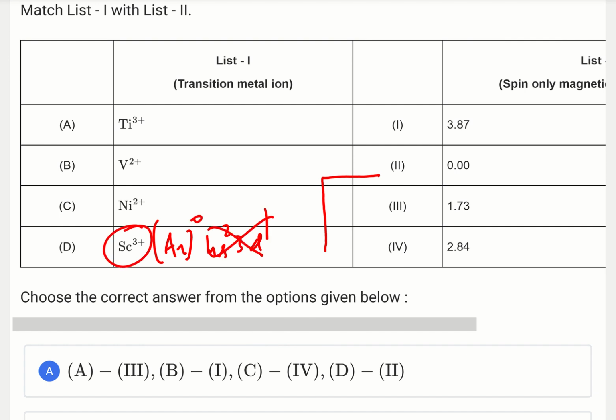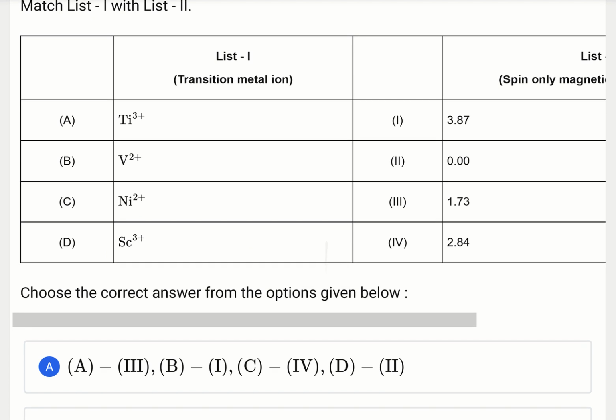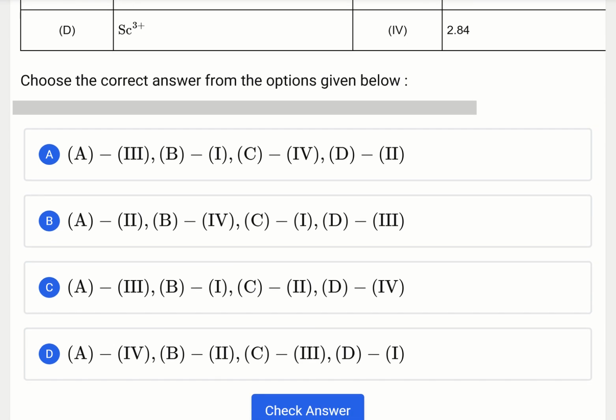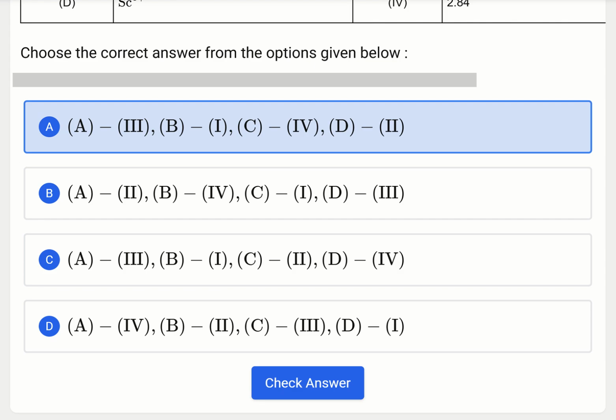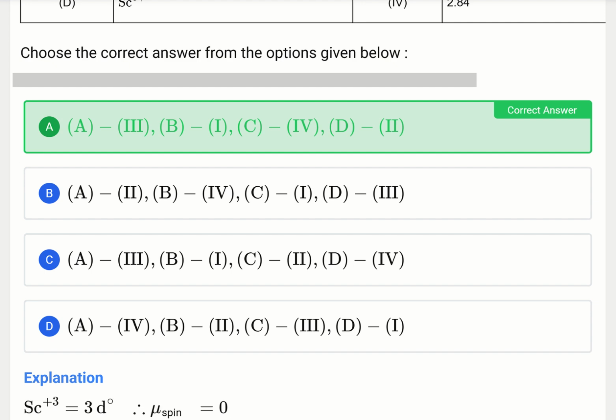That means argon and the valence shell is fully filled. So I have D2, D3, D4, D1, D2. Okay, I have only one option where D matches with 2. So there is no need to solve any other option, my dear kids. These are the tricks that you have to use. This is the smart work that you have to do. Okay, so just by checking D, we got this answer right.